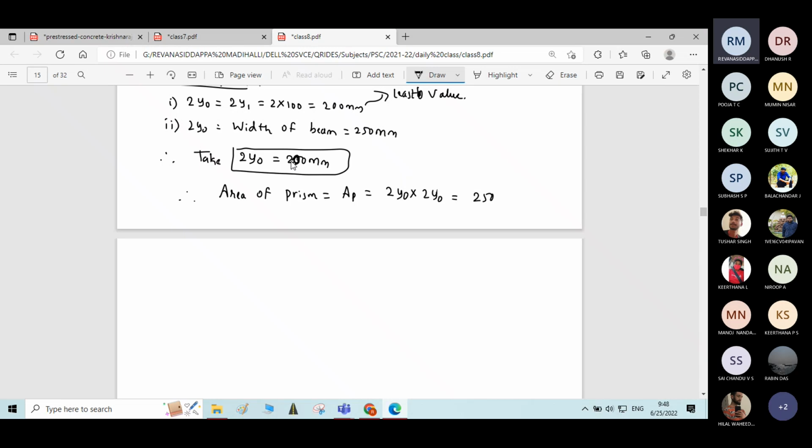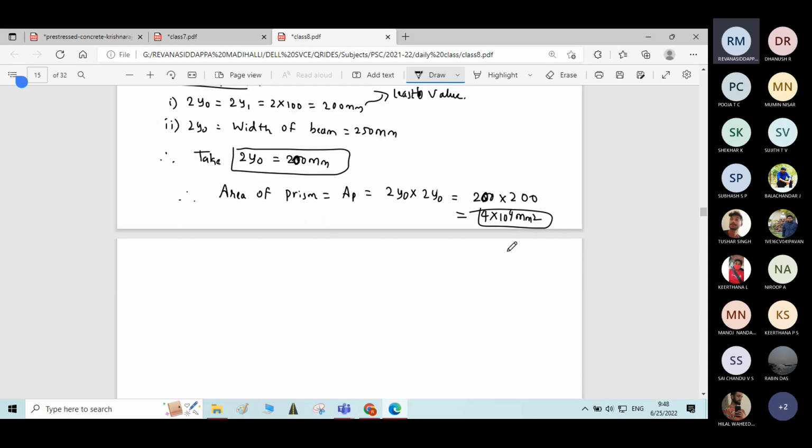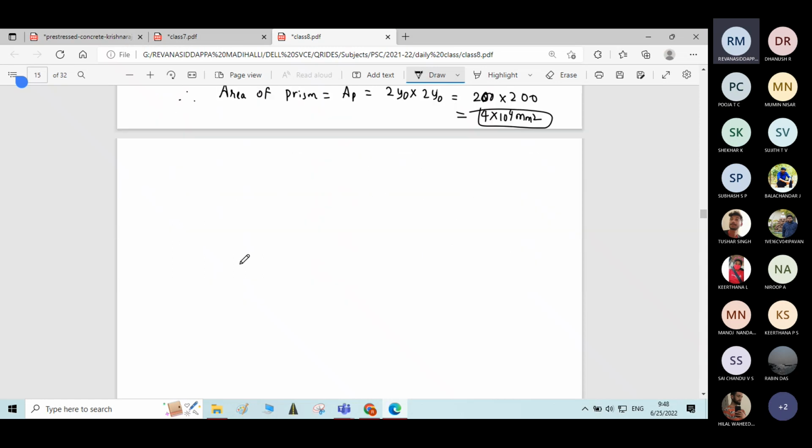Sorry, the least value you have to take now. 200 by 200, so it will give 4 into 10 power 4 mm square. Out of these two calculations, 200 mm is the least value. Therefore, the size of the prism is taken as 200 mm. Area of prism is equal to 200 into 200, which gives 4 into 10 power 4 mm square.